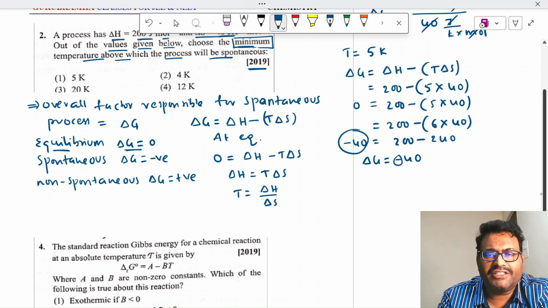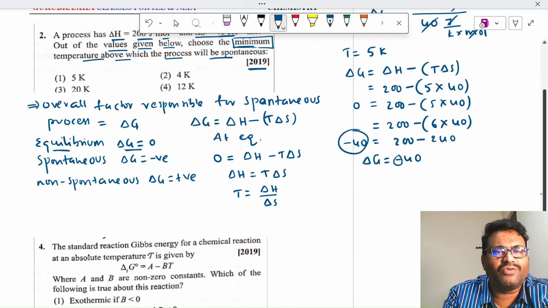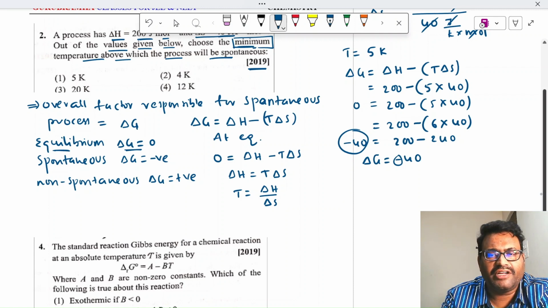If the temperature is increased more than 5 Kelvin, then delta G becomes negative. If delta G becomes negative, the reaction will be spontaneous. So that is what the question is. Choose the minimum temperature. This 5 Kelvin is the temperature at which the reaction is at equilibrium.